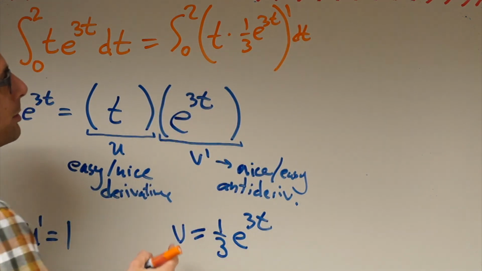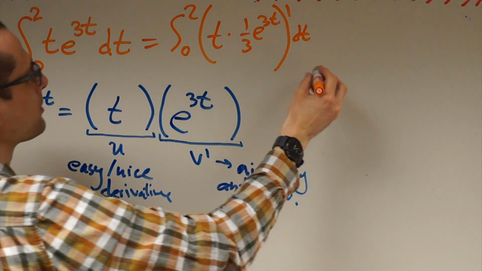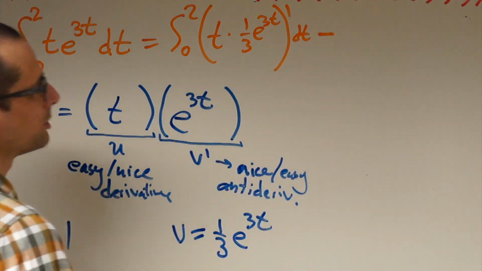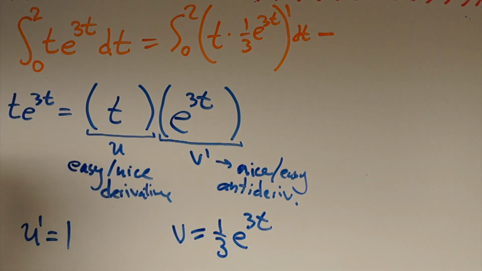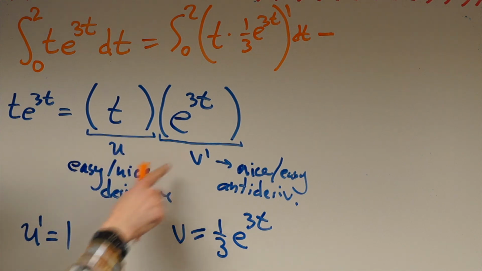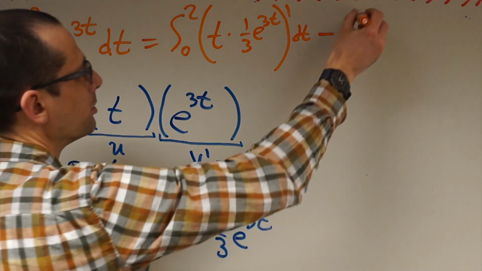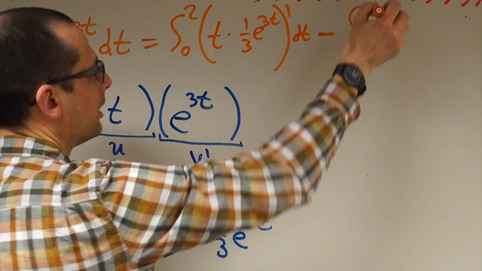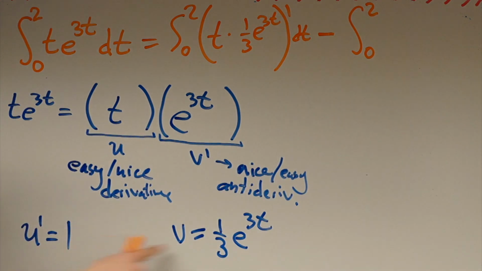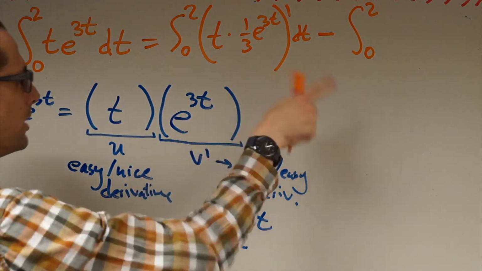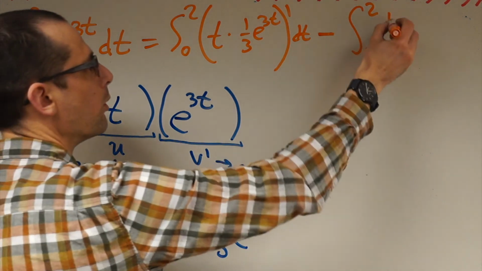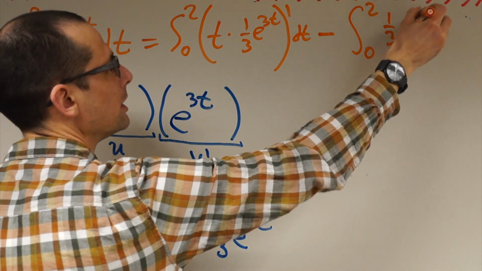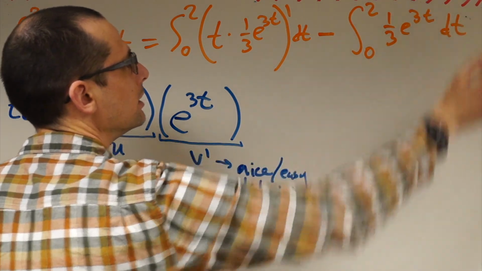So that's going to be the super easy integral of a derivative. And then in the rearranged product rule there's a minus, and then we started out with a u v prime, so there's going to be a u prime times v, and u prime was 1, v is that stuff, so this integral works out to be 1/3 e to the 3t dt.